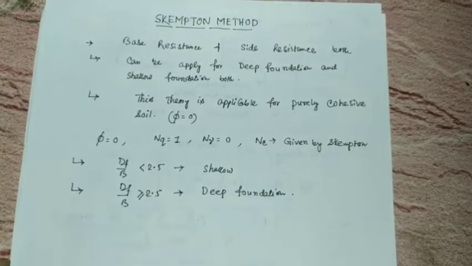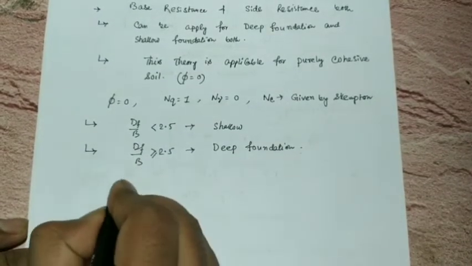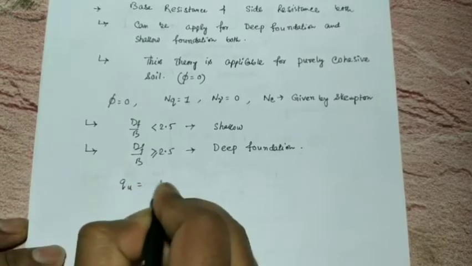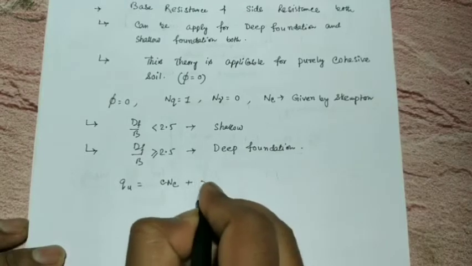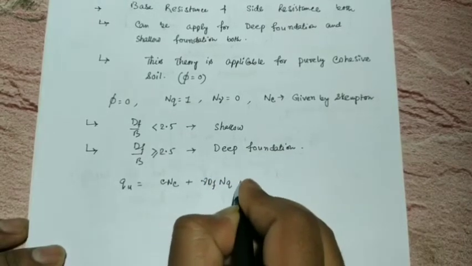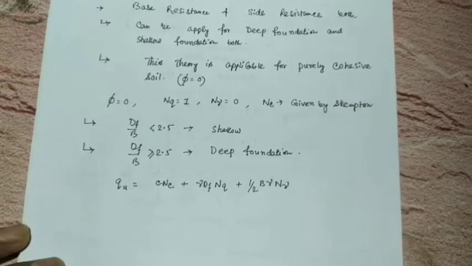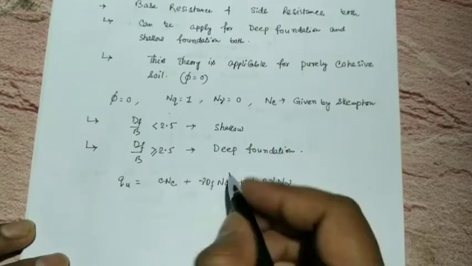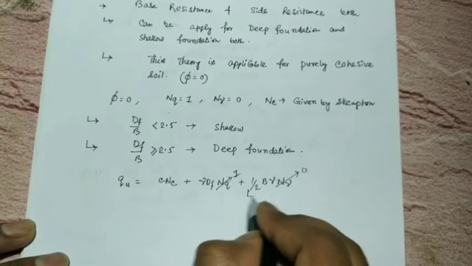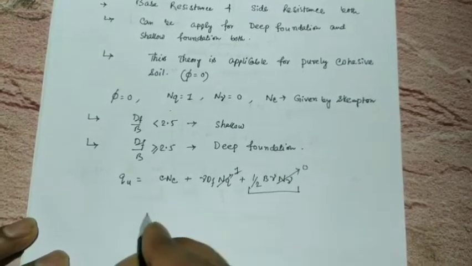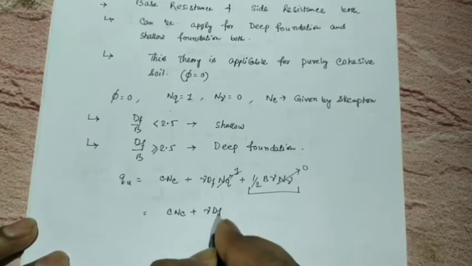Now look, what is the bearing capacity equation? qu = cNc + gamma Df Nq + half B gamma N gamma. As Nq value is 1 and N gamma is 0, the third term will be totally 0. So only cNc plus gamma Df is left.